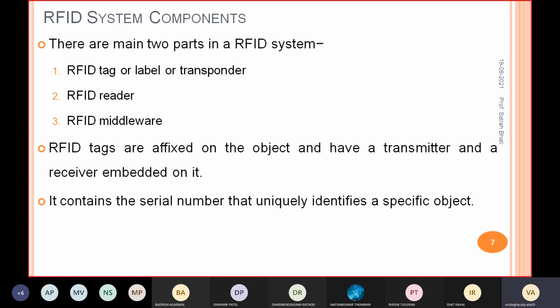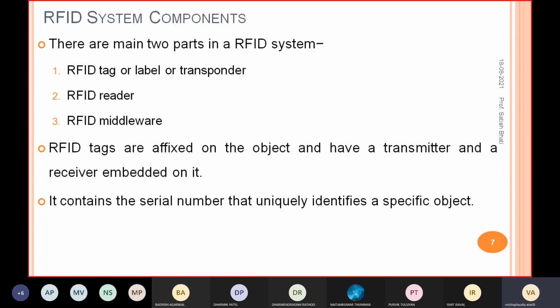So if we talk about the RFID system components, it basically has two main components, right? One is the RFID tag and the second is the RFID reader. The RFID tag you can also call an RFID label or RFID transponder, right? And the third part you can consider as RFID middleware.